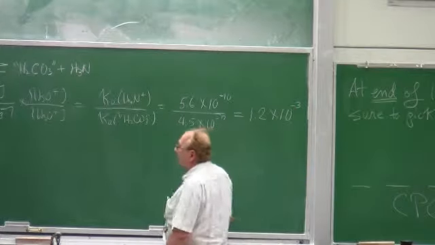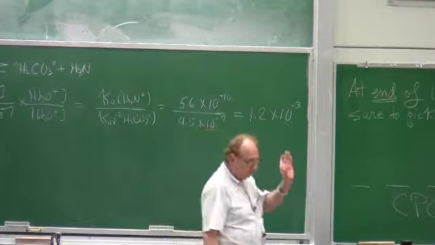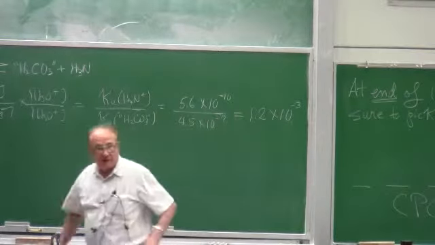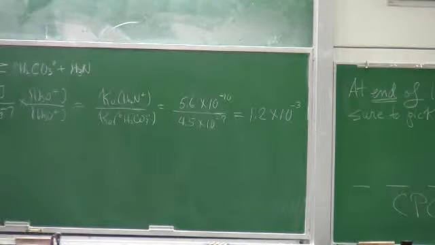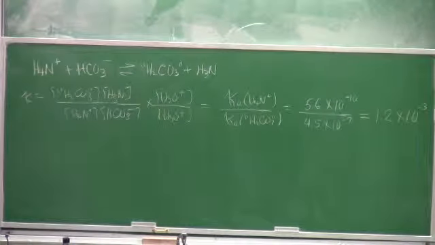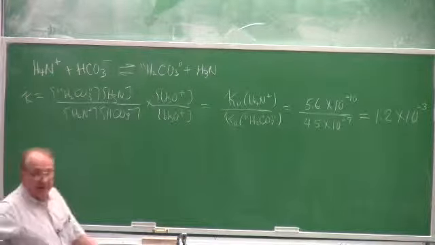Okay? And now I think, well, this is a heck of a lot bigger than Ka ammonium ion. Okay? And it's a heck of a lot bigger than Ka for bicarb. And it's a heck of a lot bigger than Kb bicarb. Okay, so far? You could look up the data.